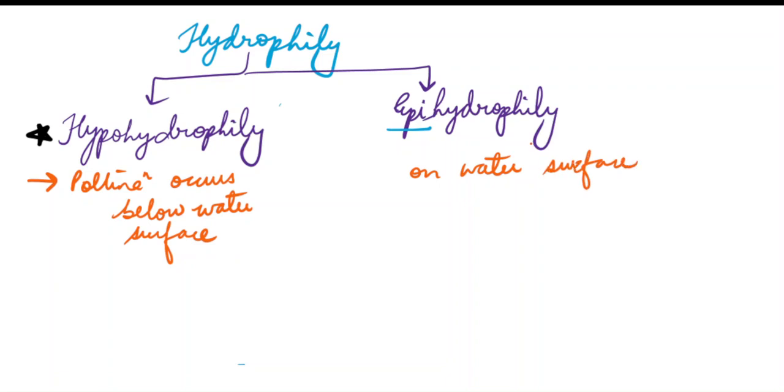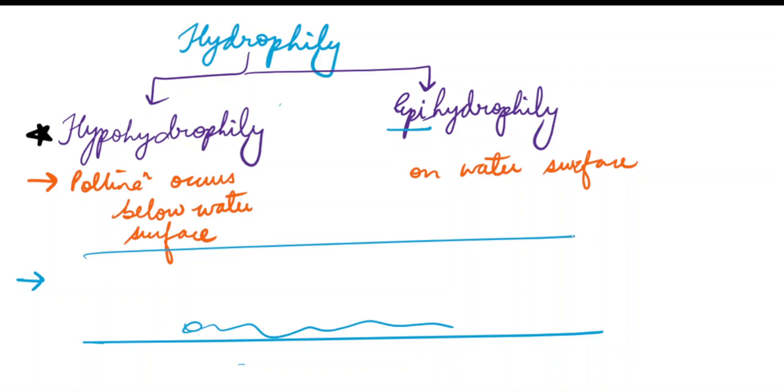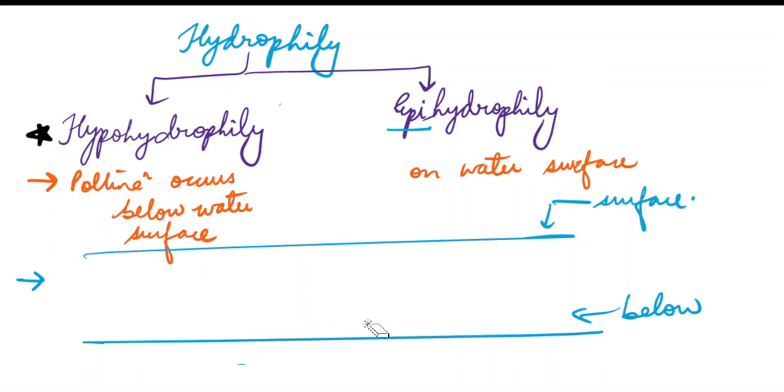If pollination is occurring below the water surface, what would be the reason?